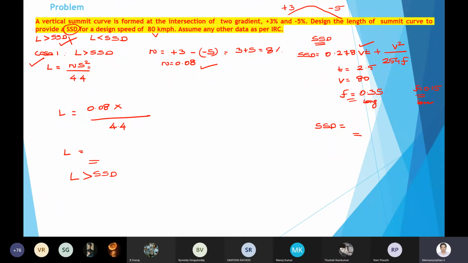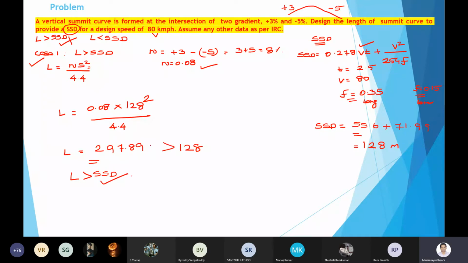So I will estimate 0.278 into 80 into 2.5, that is 55.6, plus 80 squared divided by 254 into 0.35, that is 71.99, plus 55.6, 127.59 I am getting. I round it to 128 meters. So applying 128 in the equation, 0.08 into 128 squared divided by 4.4, oh sorry, this is square, I am getting the value of 297.89, which is greater than 128.